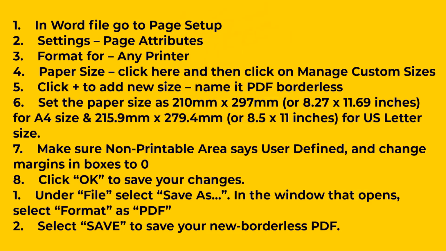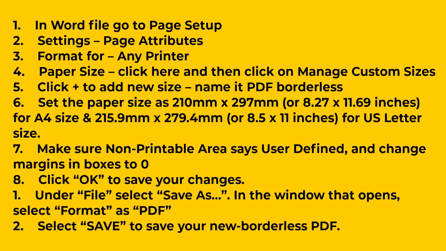Set the paper size as 210 mm by 297 mm, or 8.27 by 11.69 inches, for A4 size, and 215.9 mm by 279.4 mm, or 8.5 by 11 inches, for US letter size. 7. Make sure non-printable area says user-defined, and change margins in boxes to 0.